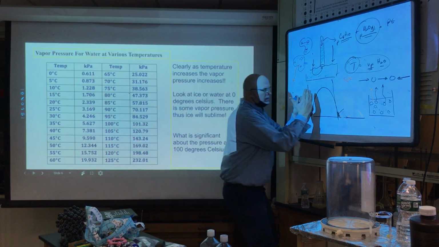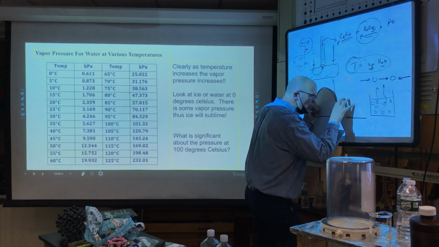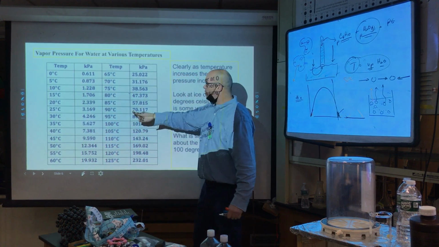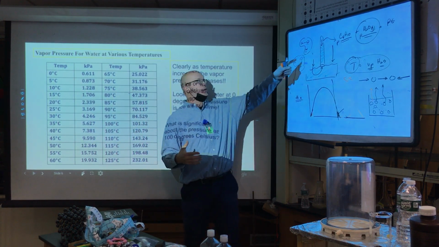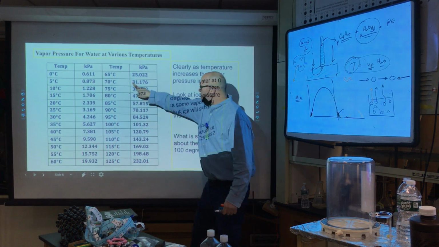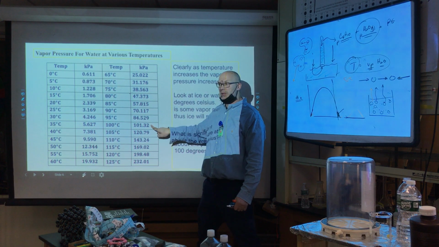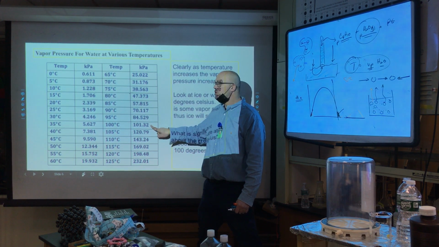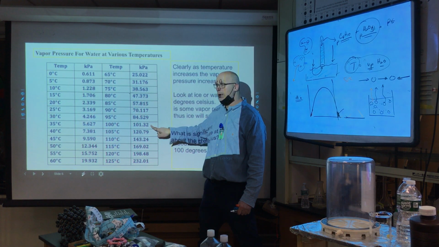More molecules have that energy. So if you have higher temperatures, you have higher energy to overcome attractive forces. Notice something: when we reach 100 degrees Celsius, what is the vapor pressure? Standard pressure.